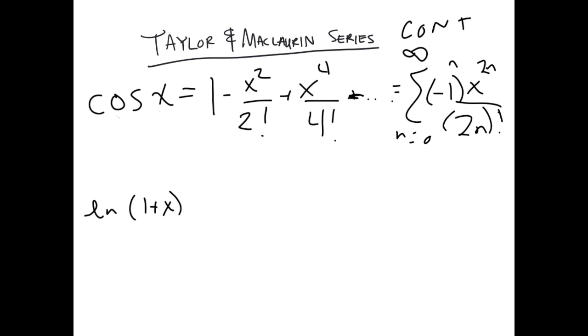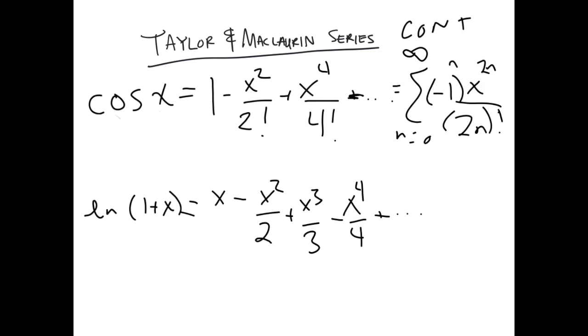All right, and the natural log is a little similar to e to the x. I wonder why. They're inverses of each other. So I have x minus x squared over 2 plus x cubed over 3 minus x to the 4th over 4, blah, blah.